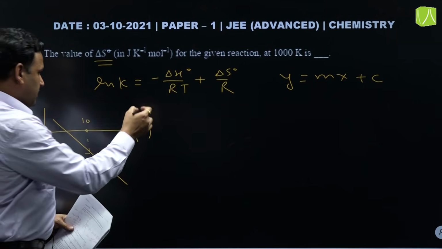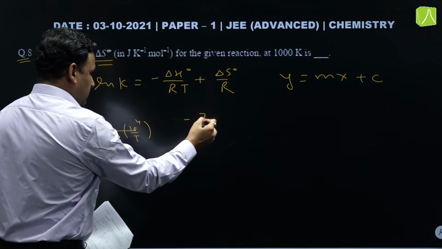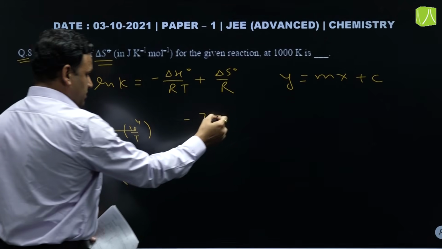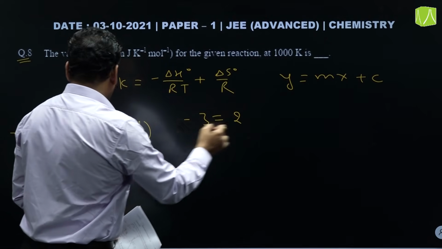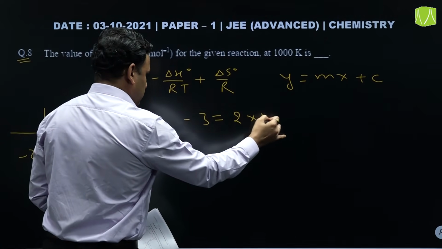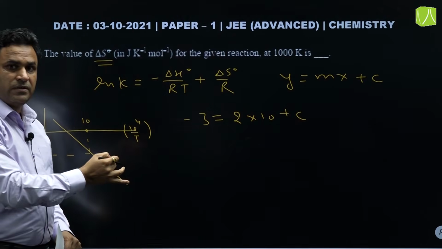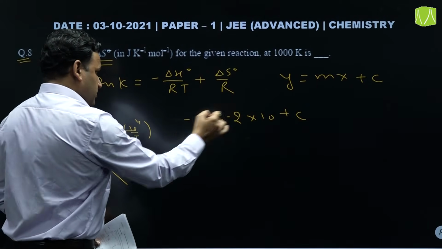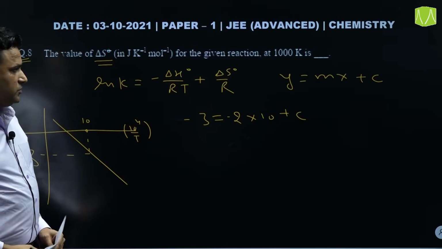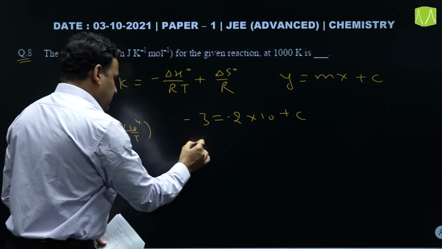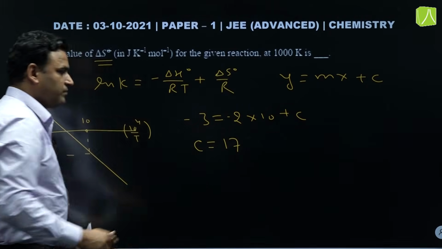So, ln K is equal to minus 3, slope is equal to minus 2 units into x is equal to 10 plus c. The slope is minus 2, I should be substituting slope with sign. So, this way c is coming out to be 17.